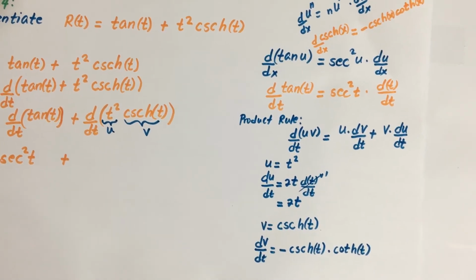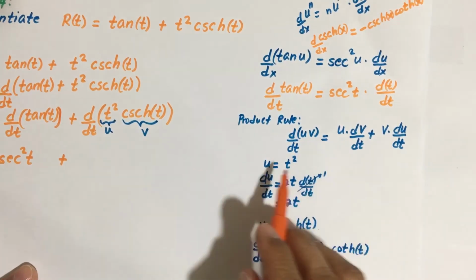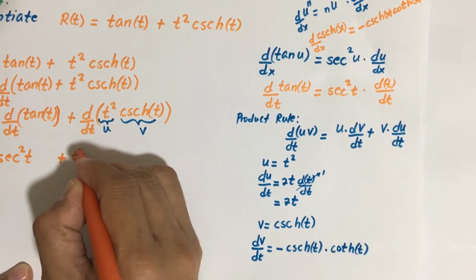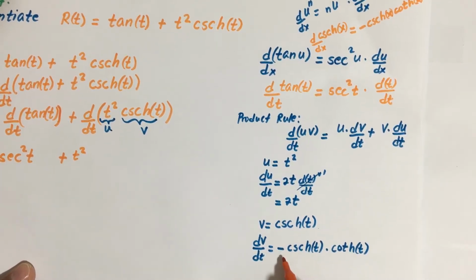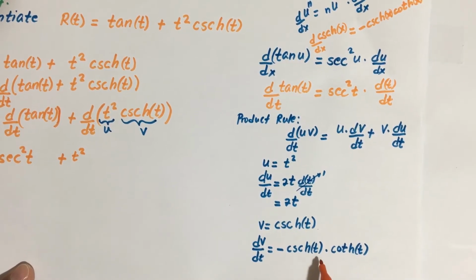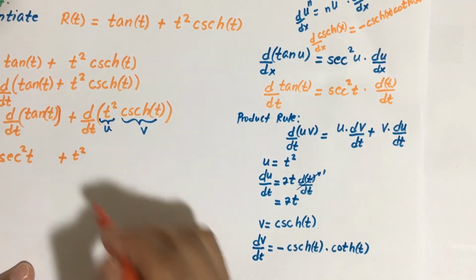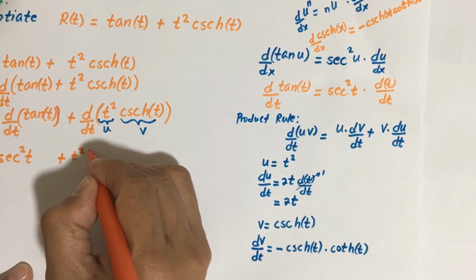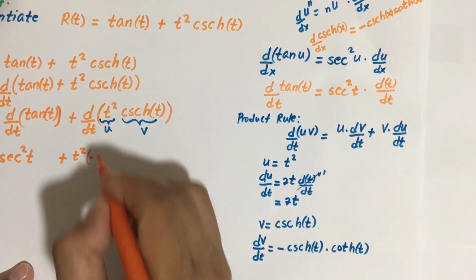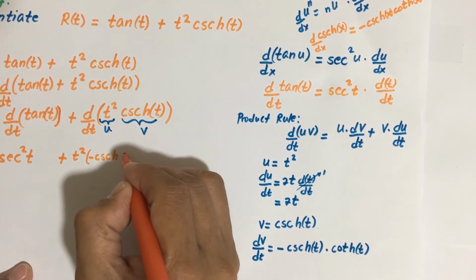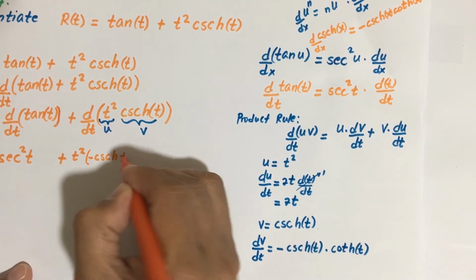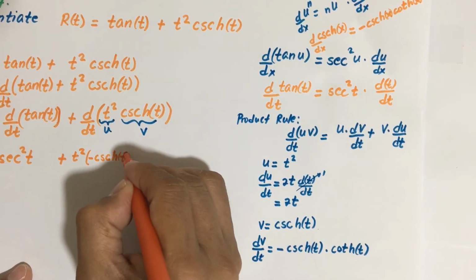Alright, so substituting, we have u, so our u is t squared, then times dv over dt. Our dv over dt is negative hyperbolic cosecant of t times the hyperbolic cotangent of t. So you just copy that one. Take note, this is negative, so you put this inside the parenthesis. So negative hyperbolic cosecant of t. Again, you may put t inside the parenthesis or you may not, that would be alright.